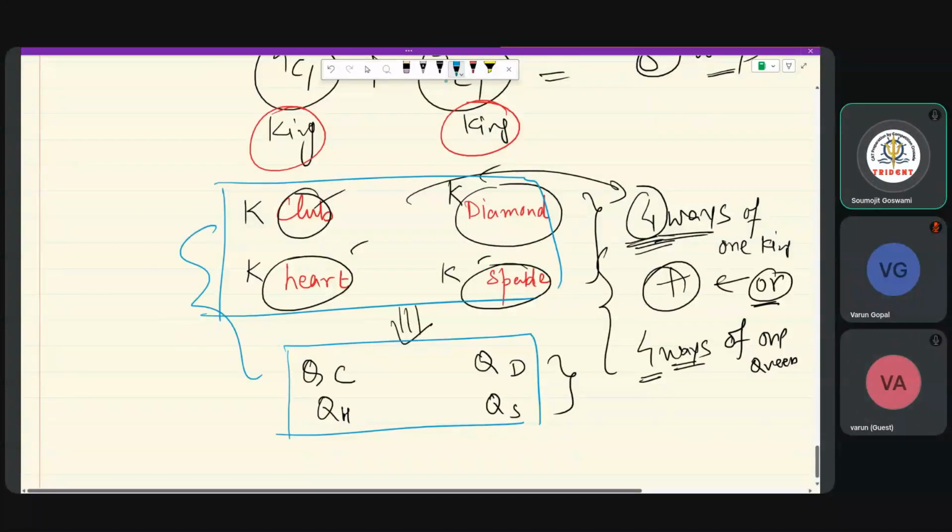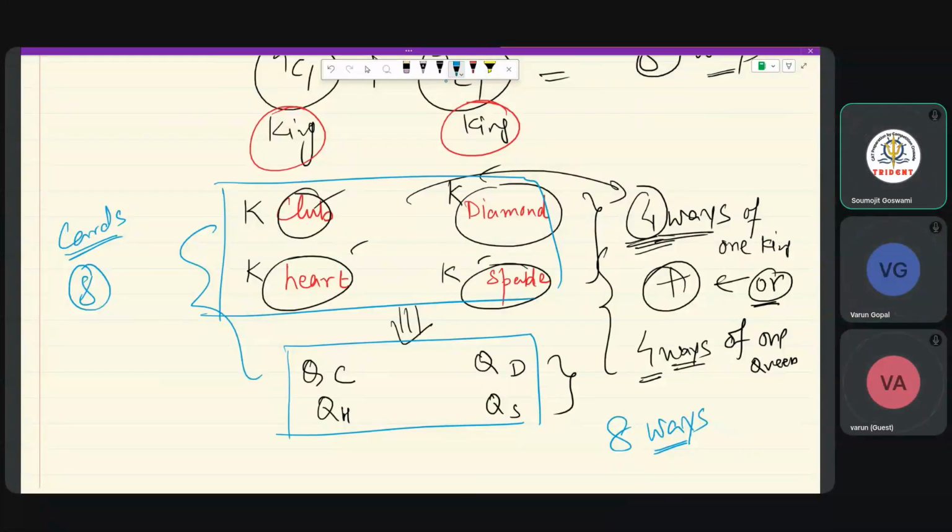I can choose one. It will be either a king or a queen. Okay? So 8 ways. It's a little challenging, but not difficult. Challenging, yes. Difficult, no. So we have understood the fundamental things of PNC.